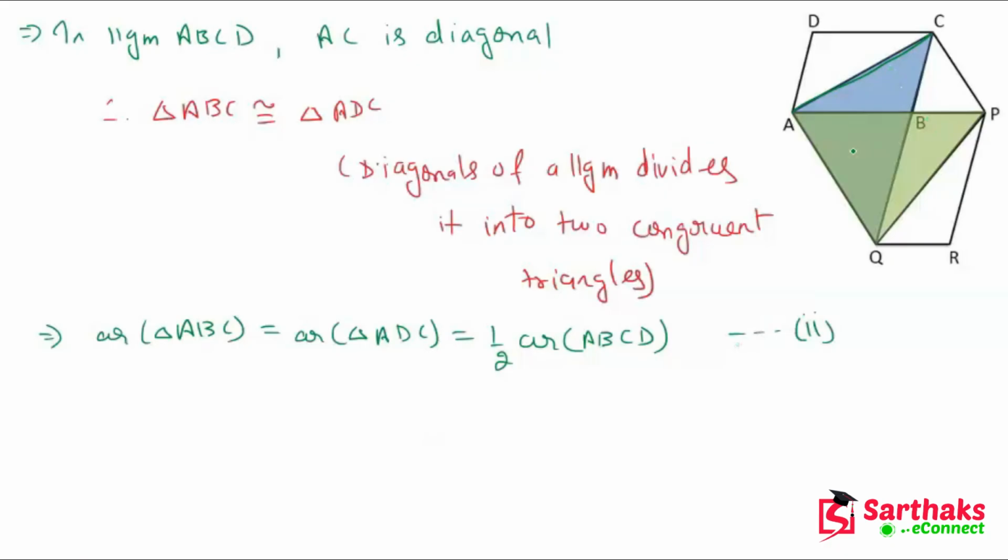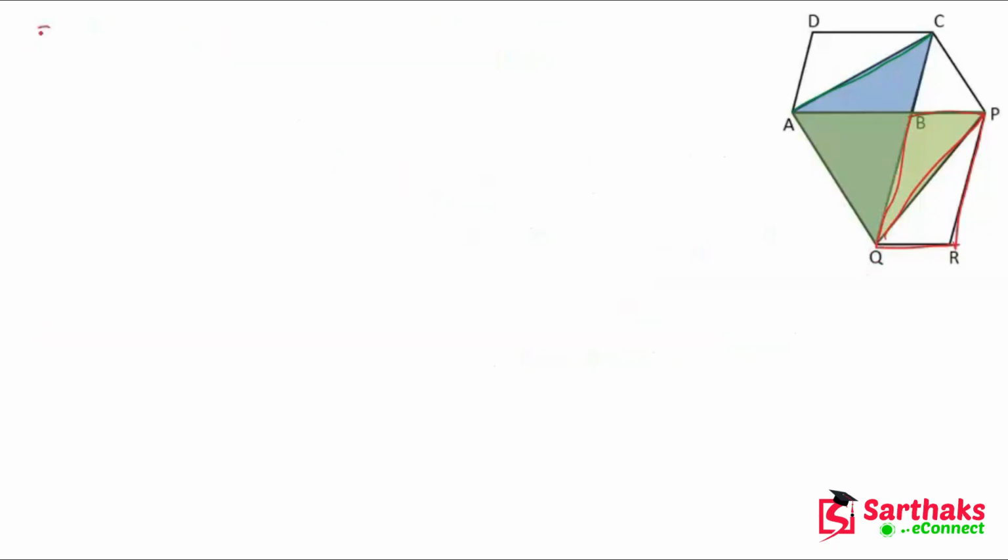Now in parallelogram PBQR, again the diagonal PQ divides this parallelogram into two congruent triangles.